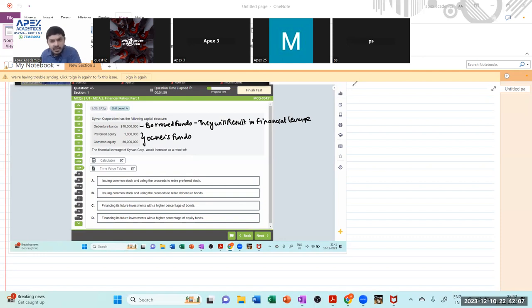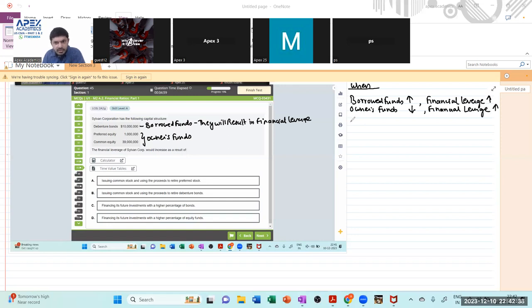So I am saying that when borrowed funds will increase, financial leverage will increase. When owners' funds will reduce, financial leverage will increase.